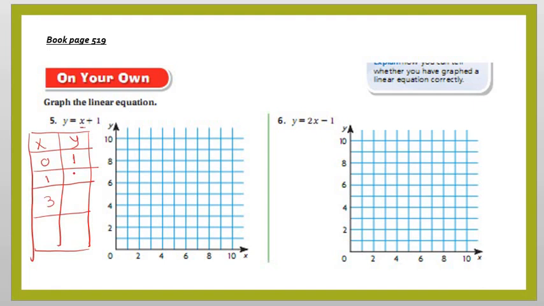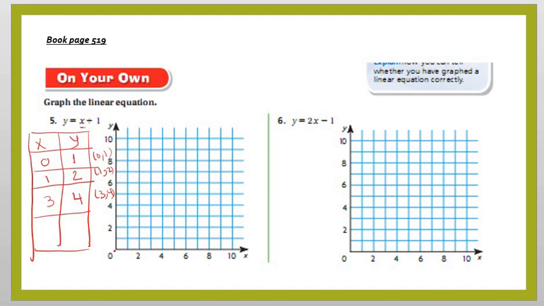When X equals 1, remove the X and put 1. 1 plus 1 was 2. When X equals 3, remove the X and put 3. 3 plus 1 equals what? 4. So now let's graph these ordered pairs. I have 0 and 1, 1 and 2, 3 and 4.